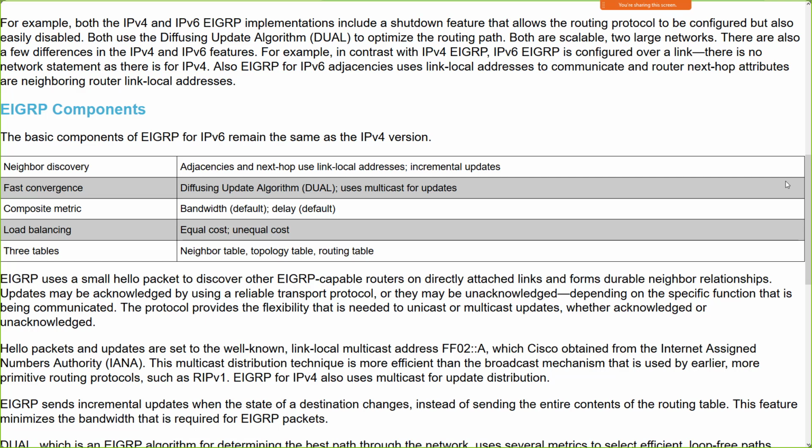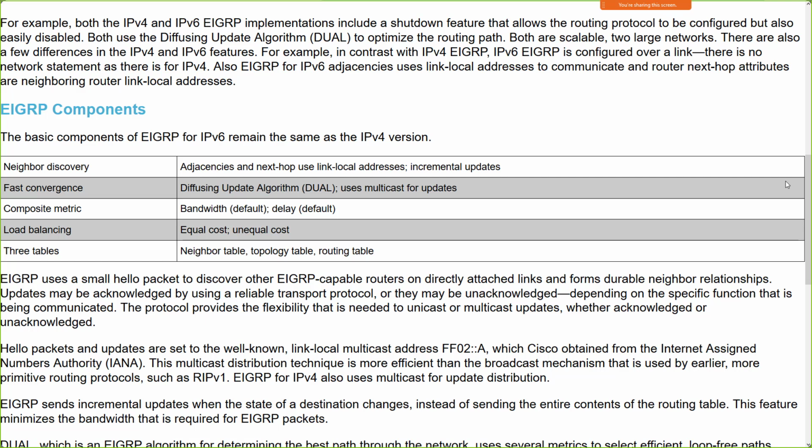We still use DUAL. We use multicast to send out and propagate information. In the case of IPv6, it's FF02::A. FF is multicast. All IPv6 multicast addresses start with FF. 02 defines the lifetime and the scope of the multicast address. 0 means that it's a well-known address, meaning it's permanent.